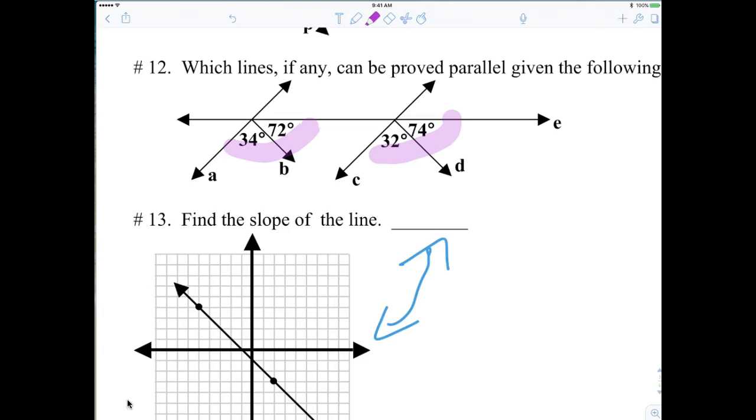Do you understand that 32 plus 74 is the same as 34 plus 72? So those are corresponding angles now. In order for B and D to be parallel, you would have to be looking at 72 being equal to 74. Is 72 equal to 74? Therefore, those are not parallel.